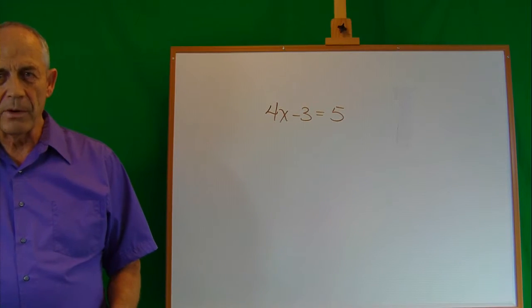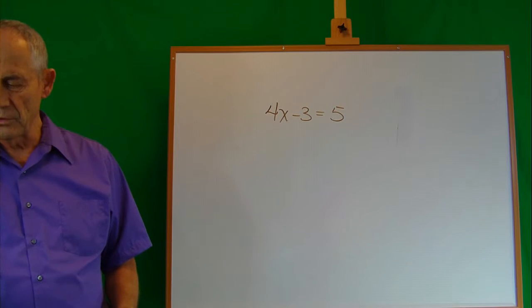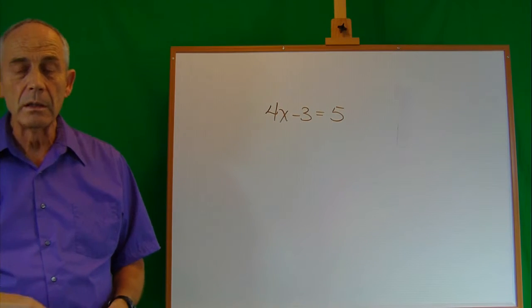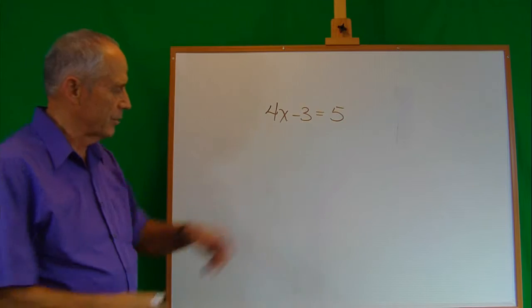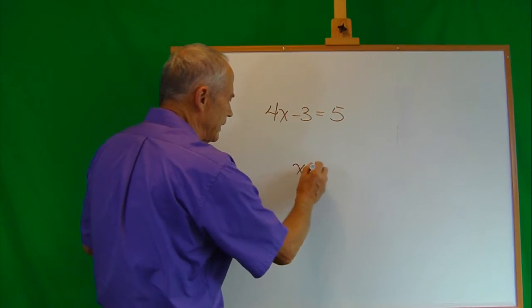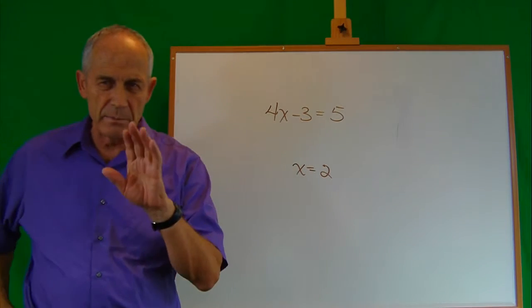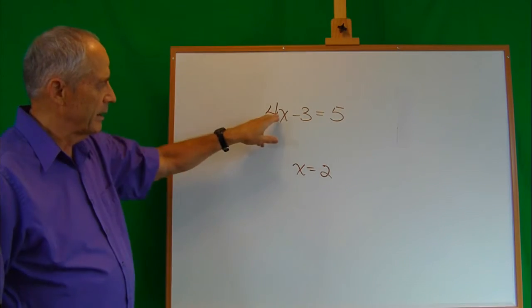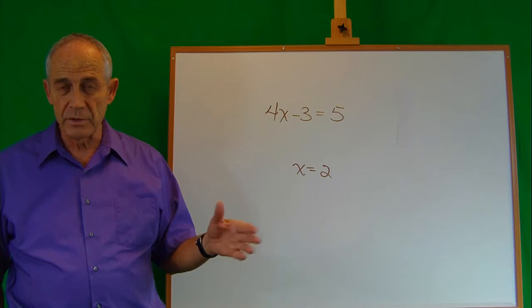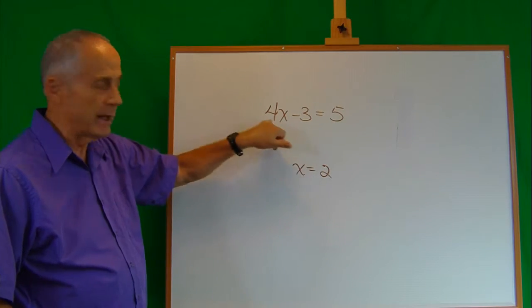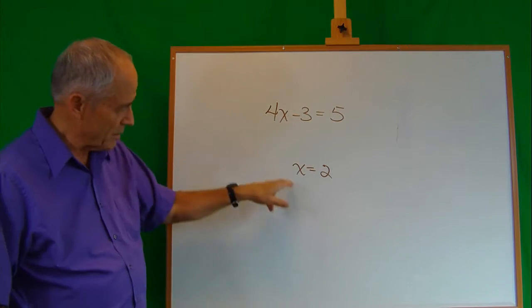Now think about what we said. The solution means it would work. We're asking now, is x equal to 2 a solution? In other words, is the number 2 what this number here that I was looking for? So I put 2 in place of the x, because that's what this says.